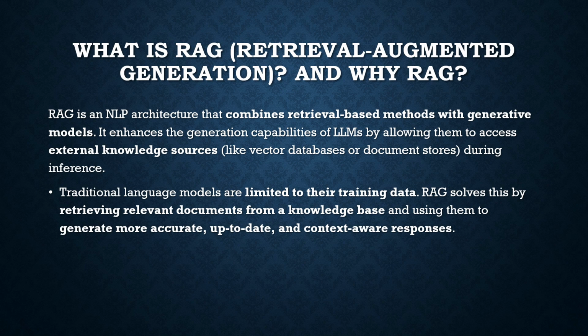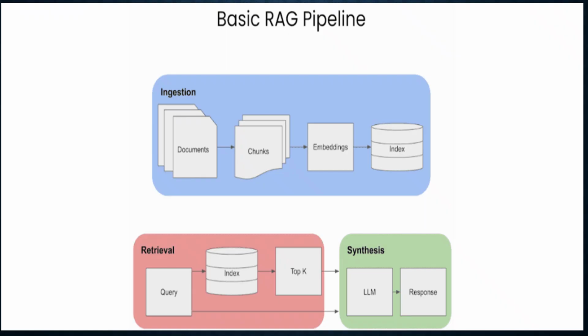Traditional language models were limited to their training data because of storage and other constraints, while RAG solves this by retrieving relevant documents from a knowledge base and using them to generate more accurate, up-to-date, and context-aware responses. Basically, it is the combination of classic NLP models and the Gen AI model.